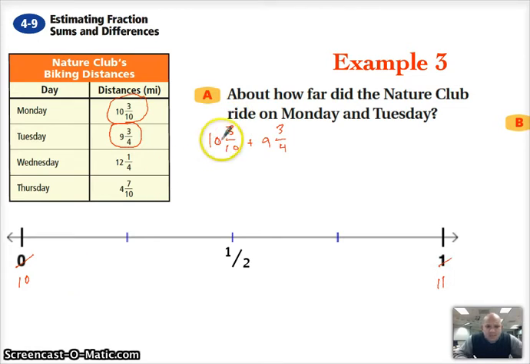So where does 10 3/10 belong on this number line? Well, 3/10 we know is not very close to 1. Is it closer to 1/2 or 0? Well, I know that 3/10 is 3/10 away from 0.